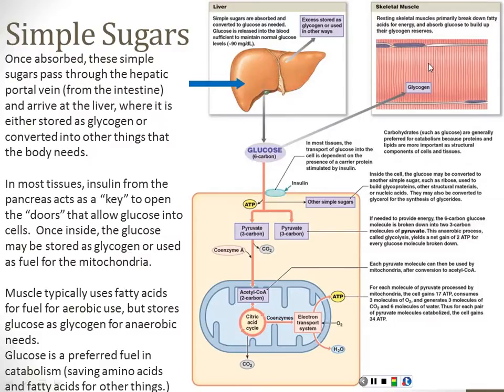Depends on what the body needs. So if the body needs to store glucose, then the liver will produce glycogen. It will store the glucose. That's going from these molecules to the original long branching chain, right? So that's one thing, the glycogen may get stored.